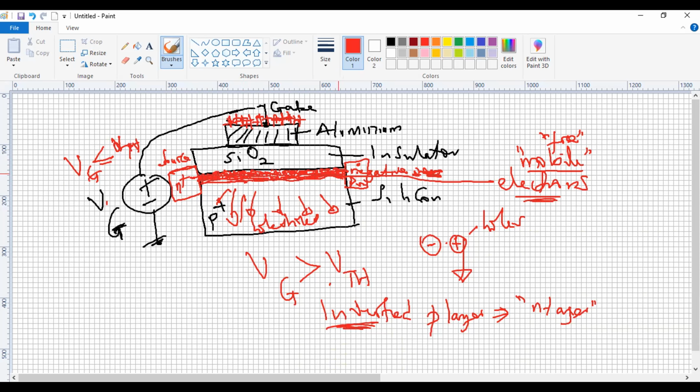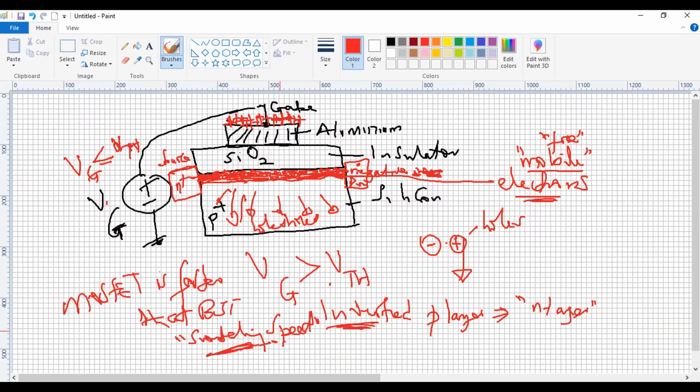And so the effect of that is I can switch it off much faster than I did with the BJT. So that's why the MOSFET is faster than BJT, faster in terms of switching speed. So the switching is faster. I can switch it off much faster because all I have to do is get rid of this channel, and it takes a shorter time to get rid of that channel.